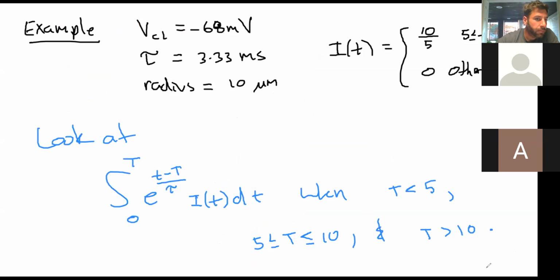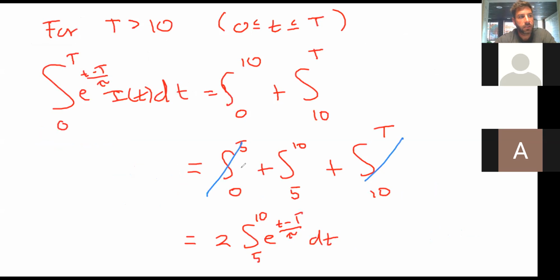The reason I broke my integral up into these 3 pieces is because on the first interval I is equal to 0, and on the last interval I is equal to 0, which means both integrals are 0, so I don't have to worry about them. This is just one way to reason that. You might come across the reasoning from a different perspective.